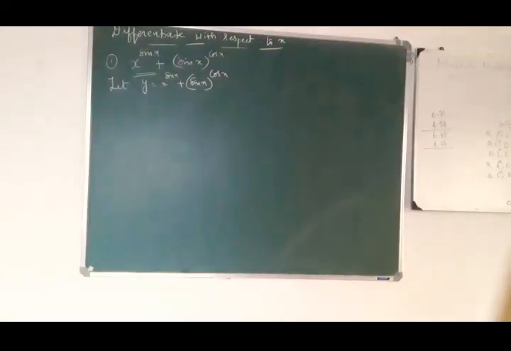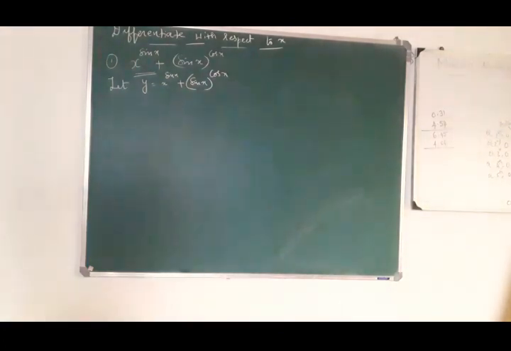We'll discuss the first question, x power sin x plus sin x to the power cos x. We have to differentiate with respect to x. First I am going to consider y is equal to x power sin x plus sin x to the power cos x.